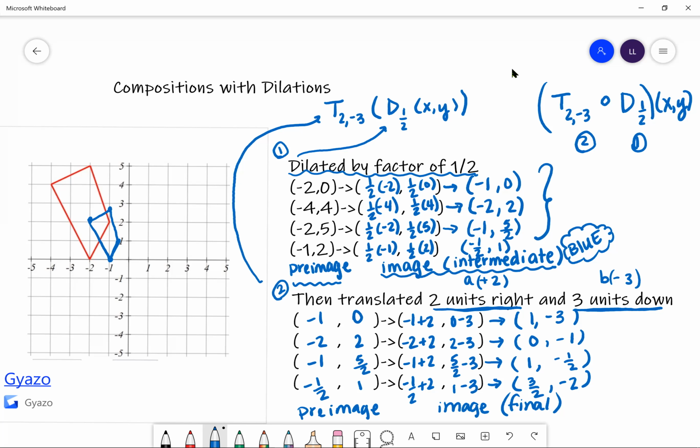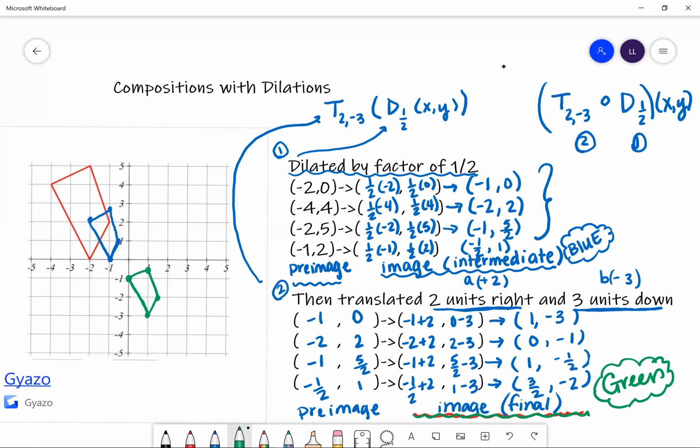Now we want to take that transformation and we want to move it 2 units to the right and 3 units down. So let's do that in a different color. Let's do that in red. How about that? We're just going to plot the final image points here to show the full 2 transformations that happened.